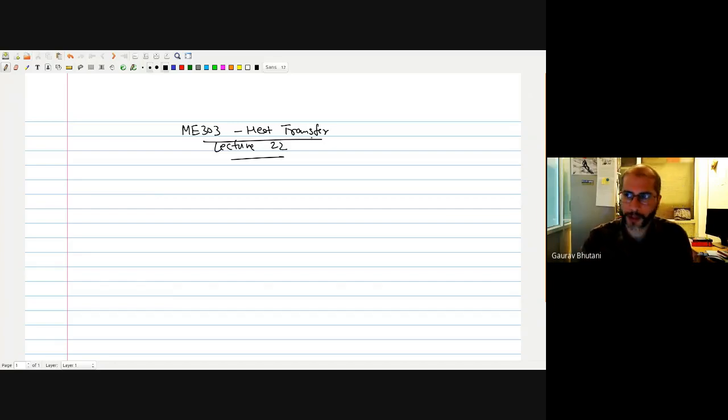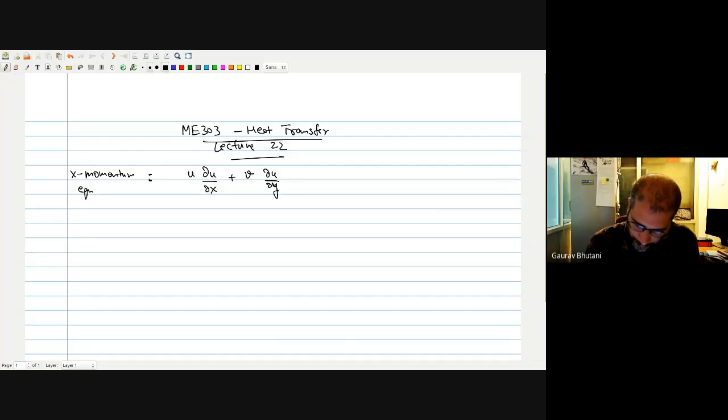So let me write the expressions for the energy equation as well as the x momentum equation. The x momentum equation looks like this: you have u del u by del x plus v del u by del y, and on the right hand side we have the diffusion term, which is the kinematic viscosity nu times del 2 u by del y 2.